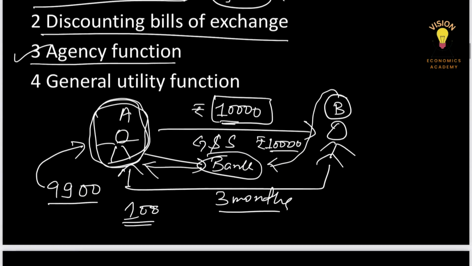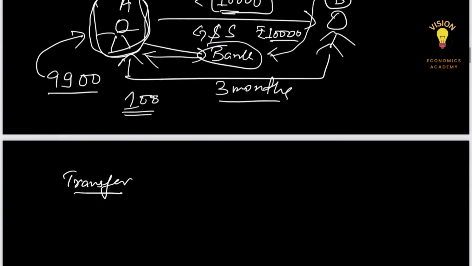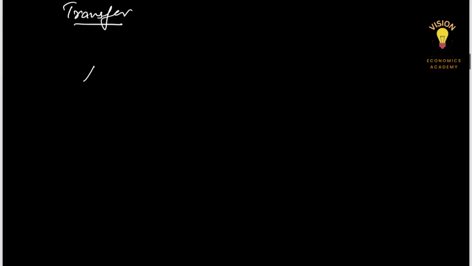Apart from agency functions, there are general utility functions, like banks provide locker facility, traveler's check. So it basically is utility oriented. It makes life easier, so that's why it's called general utility functions, right?